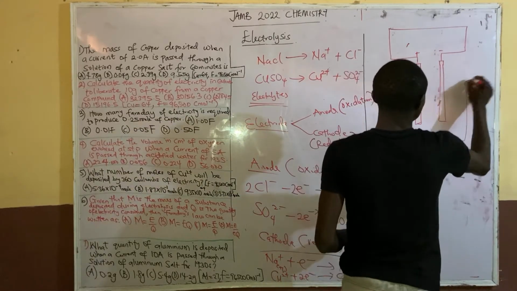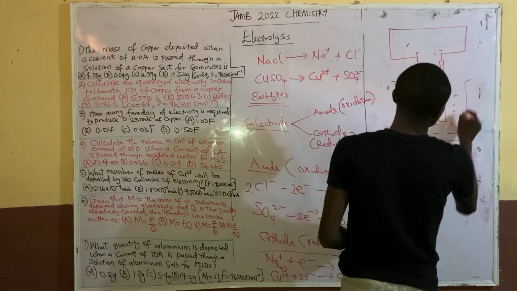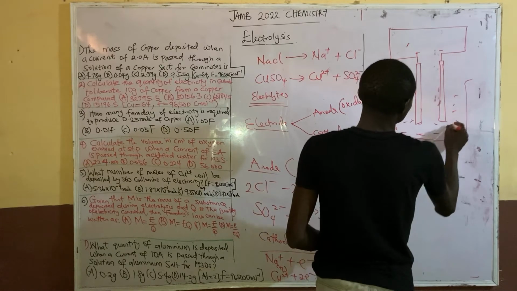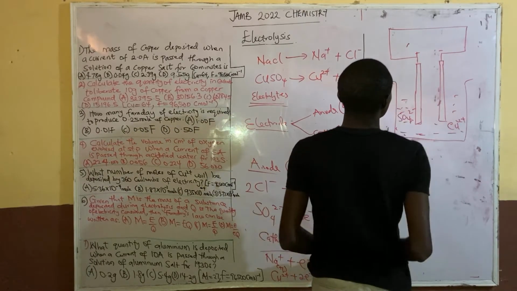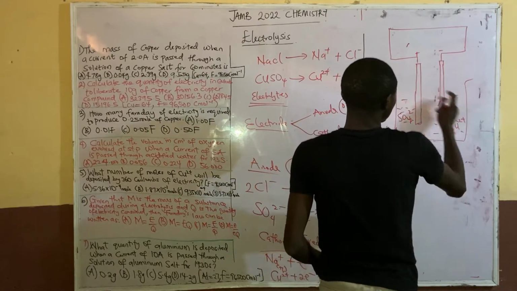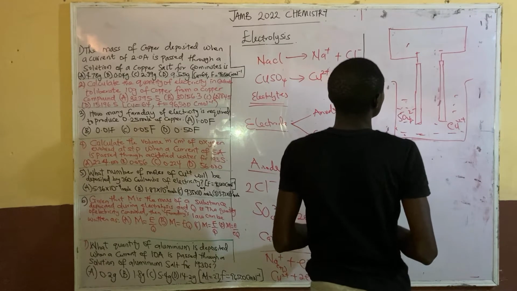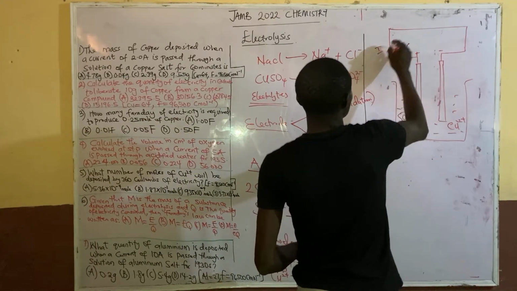And this is an electrolyte here. An electrolyte can be CuSO4, with SO4 2- going towards the positive, and Cu 2+ going towards the negative. So there is an electric current, I.